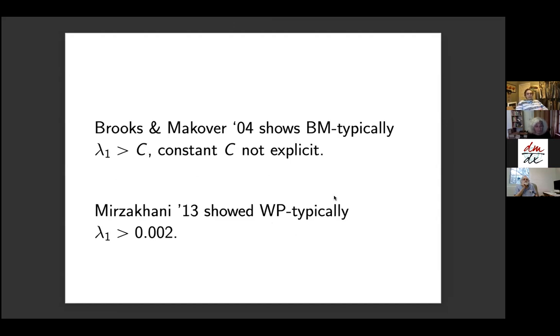Mirzakhani showed that in her model, the Weil-Petersson typical model, lambda 1 is typically bigger than some constant, which is about 0.002 in high genus. So again, the formal statement would be, as the genus goes to infinity, the probability that lambda 1 is bigger than 0.002 goes to 1.